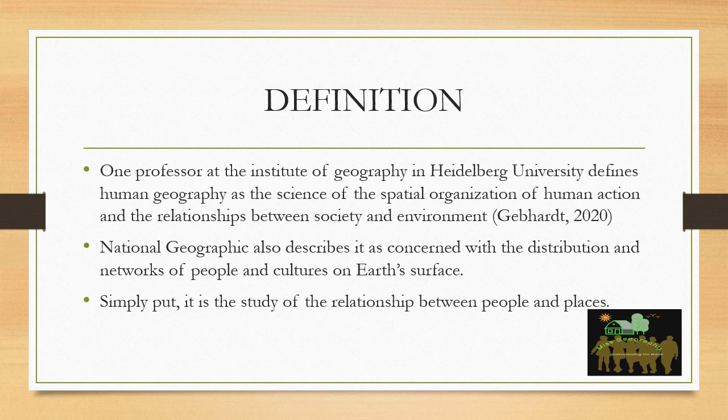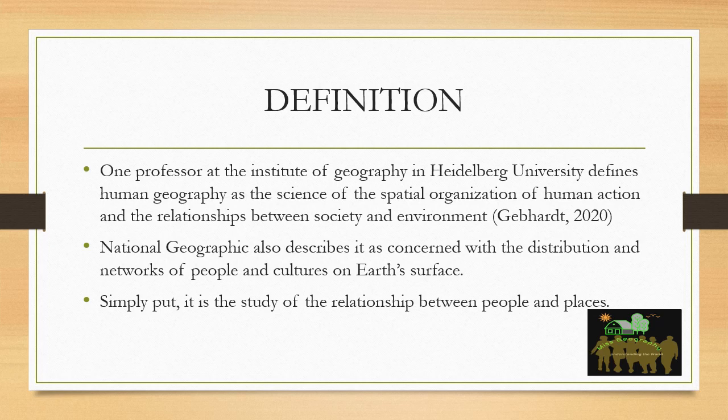Also, National Geographic, which happens to be a very good website where you can find important facts about geography, so if you want more information, you can go to nationalgeographic.com, also describes it as concerned with the distribution and networks of people and cultures on Earth's surface. Simply put, human geography is the study of the relationship between people and places.